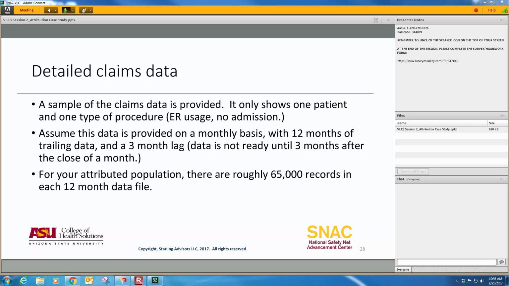We asked you in the case study to assume that this data was provided on a monthly basis with 12 months of trailing data and a 3-month lag. So that's pretty typical, to be frank, because, as we know, the different insurers have different filing deadlines. So what the insurers will typically tell you is they only want to share what they call adjudicated claims data because without doing so, there could be a variety of reasons why the information is wrong.